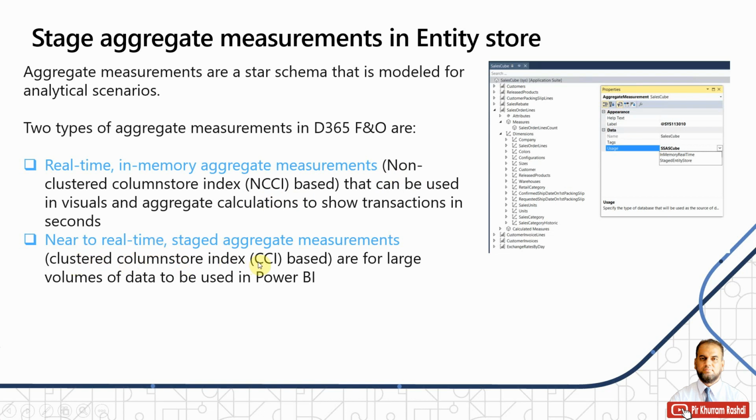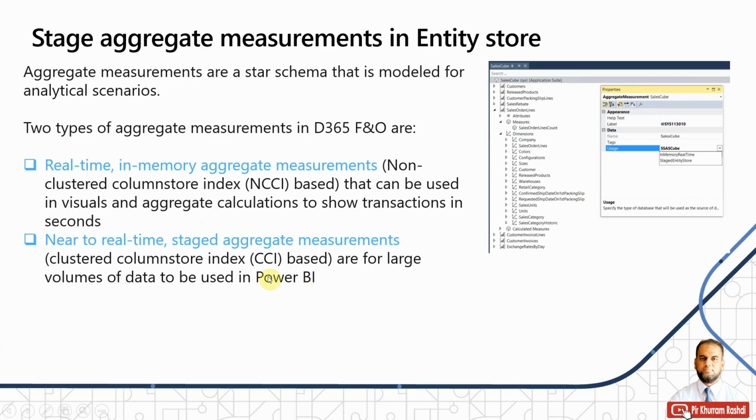This is the first difference. Then the real-time one can be used in visuals and aggregate calculations to show transactions in seconds, meaning it is real time. The other one, near real time, is for large volumes of data to be used in Power BI.